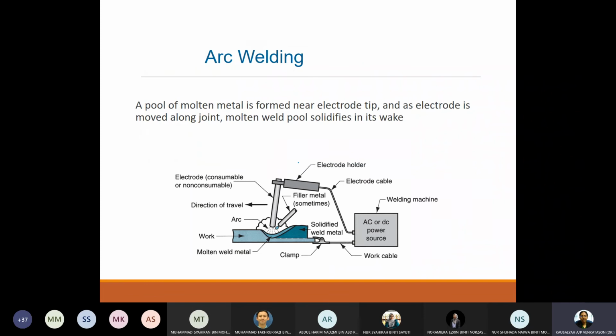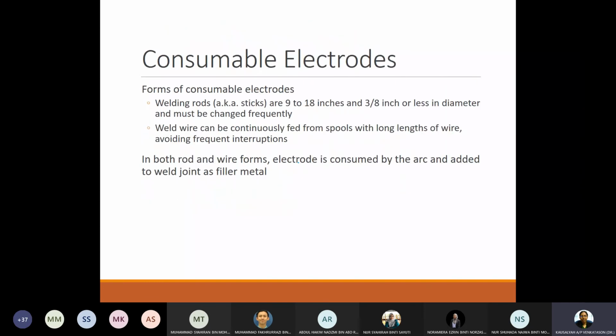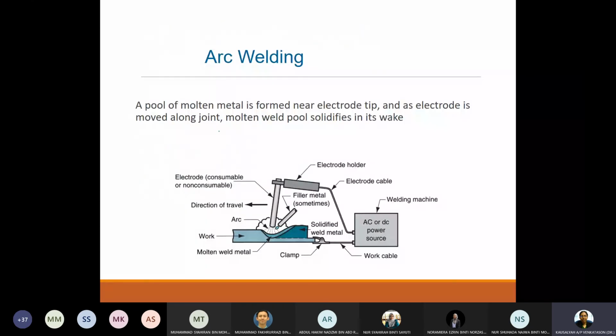So we have the arc welding over here. A pool of molten metal is formed near the electrode tip. And as the electrode is moved along the joint, the molten weld pool solidifies in its wake. So basically you have the arc and then you have the pool of molten metal, and as you move, the pool of molten metal solidifies.